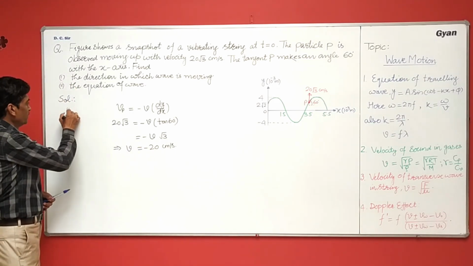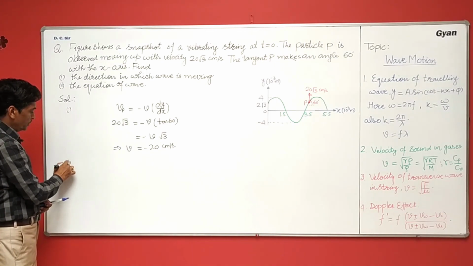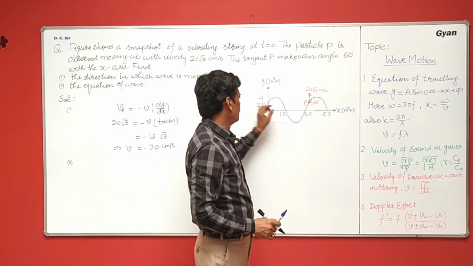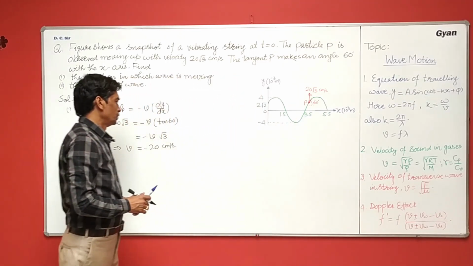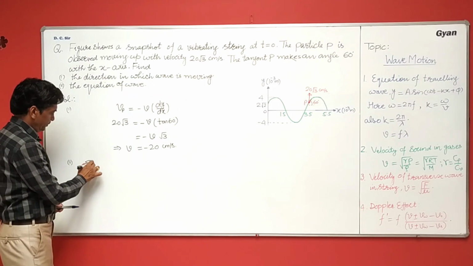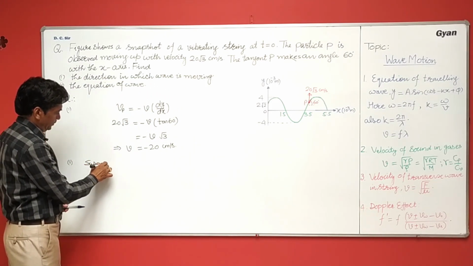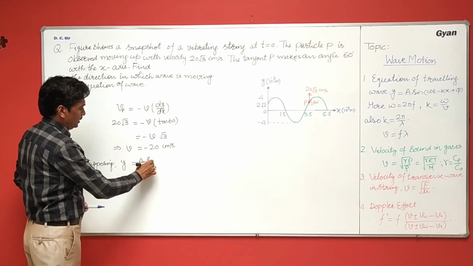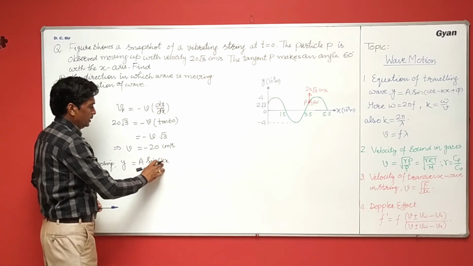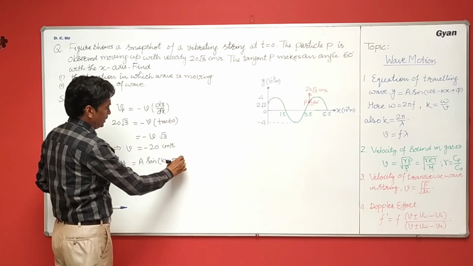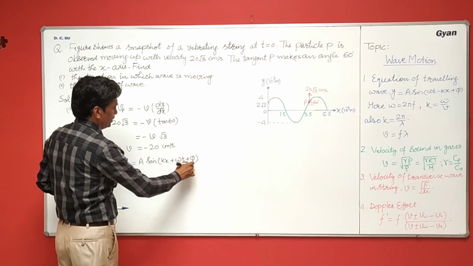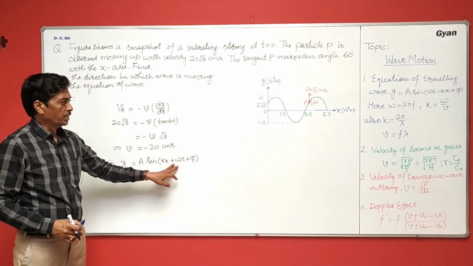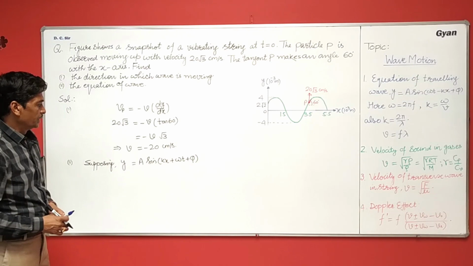In the second part, we have to find the equation of the wave. So to find the equation of the wave, you have to find the initial phase. Supposing y = A sin(kx + ωt + φ). Here it is plus because the wave is going along the negative x direction.